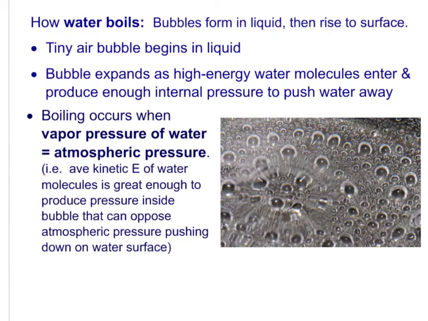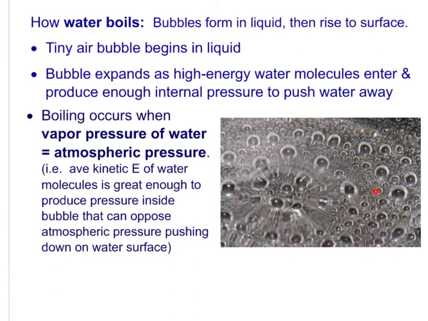So when you watch water boil, I'm sure you've all noticed that little bubbles form in the water, and then they get larger and larger and eventually rise to the surface, right? So it starts out that there is a tiny little air bubble in the liquid, and then that bubble, the little teeny ones that you can't even see really, they will be able to expand as high energy water molecules, right?